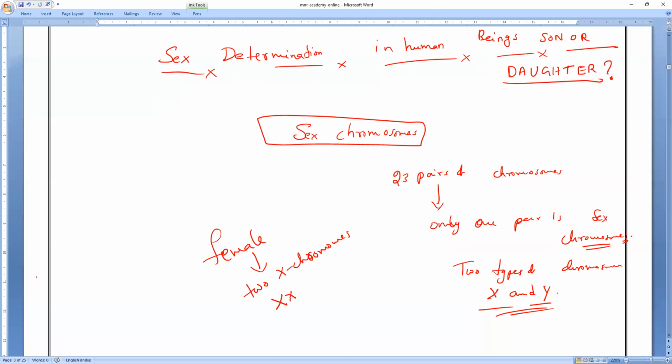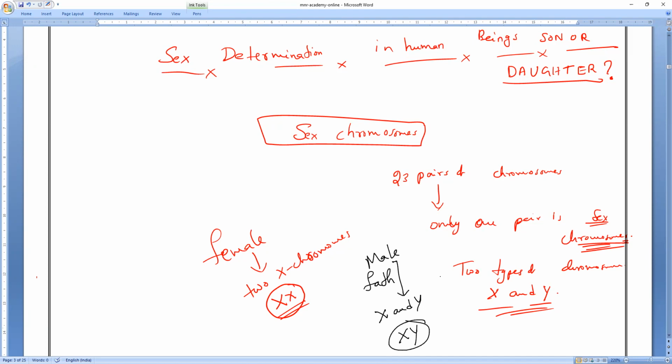Means mother has a pair of sex chromosomes. What is the pair of chromosomes in a mother? XX. Clear? And the male, if I take, the male contains 1 X and 1 Y. That is the XY chromosome the father has.